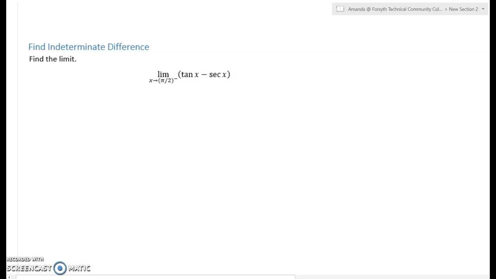So here I have the limit as x goes to pi over 2 from the left.